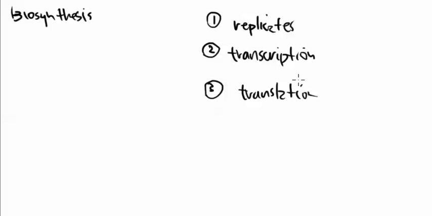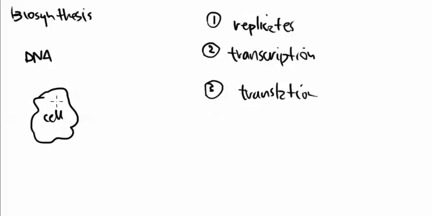We're first going to focus on our replication portion of these three bullets. So what can we say about replication? Well, like we saw in the previous video, genetic information is made up in the human cell. So here is maybe a human cell, and inside of this cell is genetic information, and that's very important.